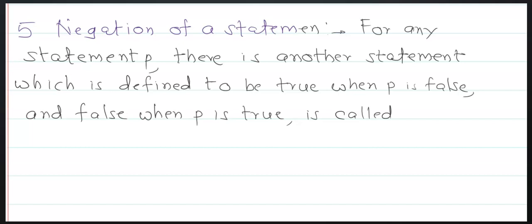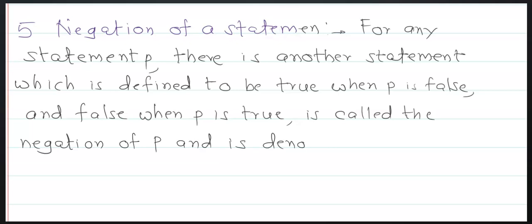It is called the negation of P. If the given statement is true, then its negation is false. If the given statement is false, then its negation is true. It's simple. Negation of T is F, negation of F is T.